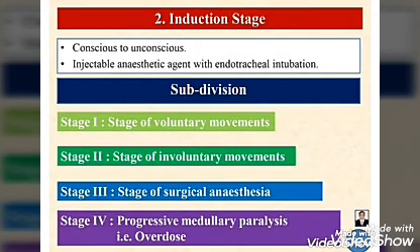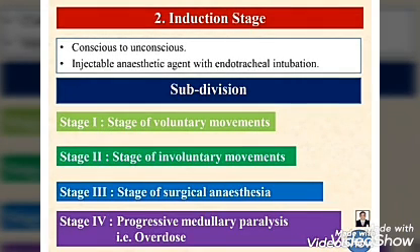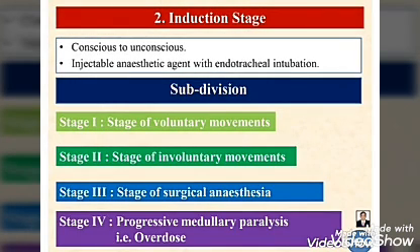So our aim is not to reach stage 4. Stop at stage 3, the stage of surgical anesthesia. There is no need for detailed discussion about these different stages. You know very well, we already learned them at UG and PG levels.